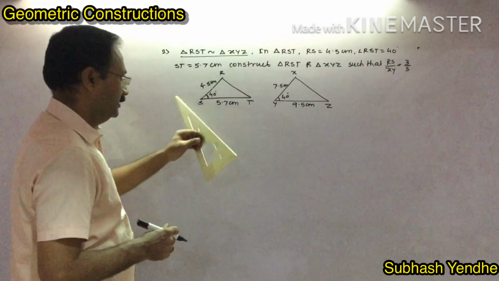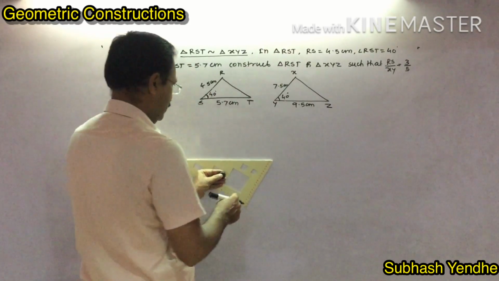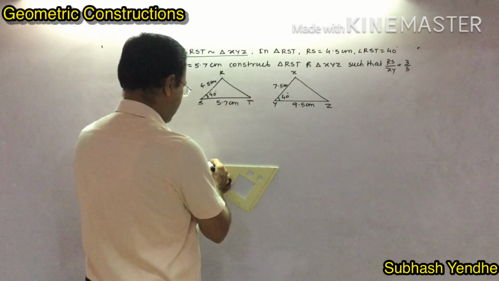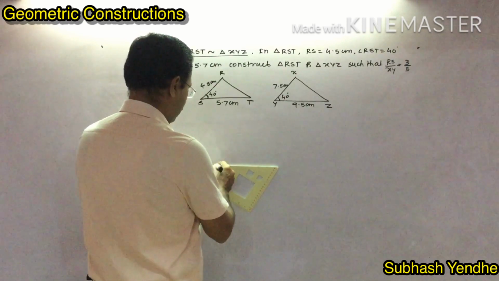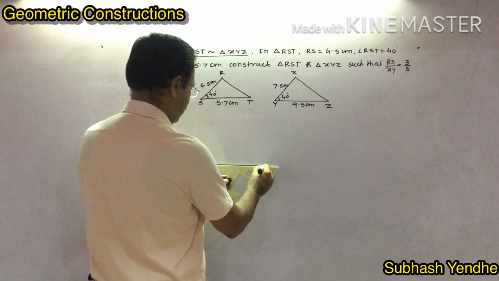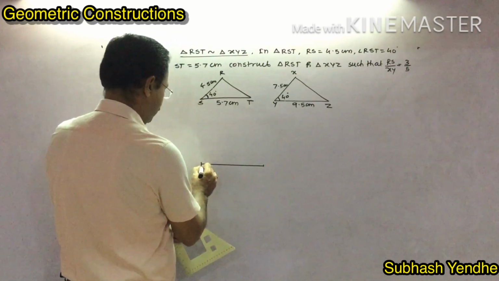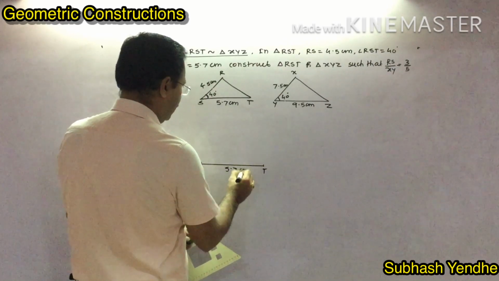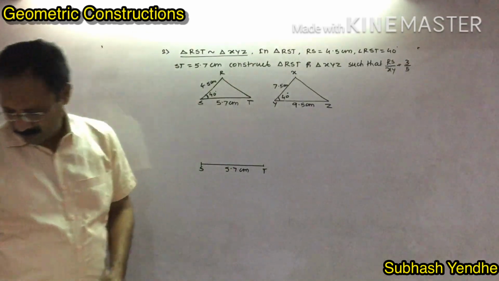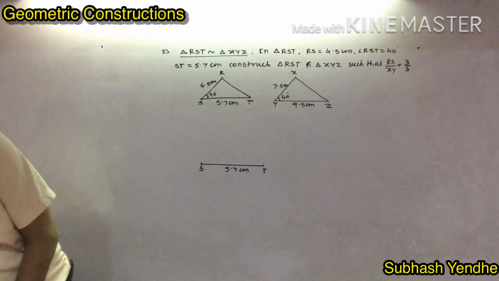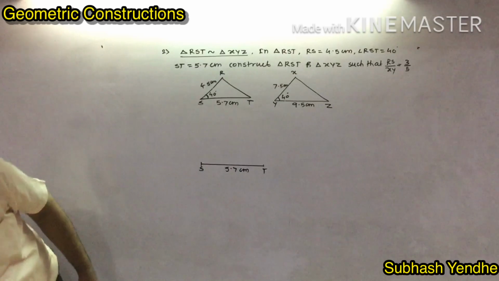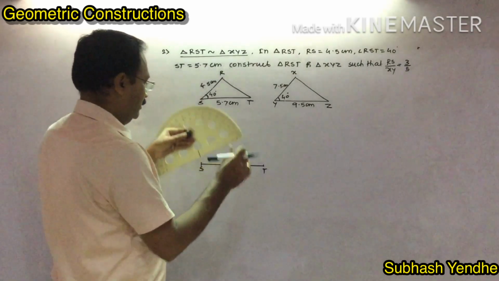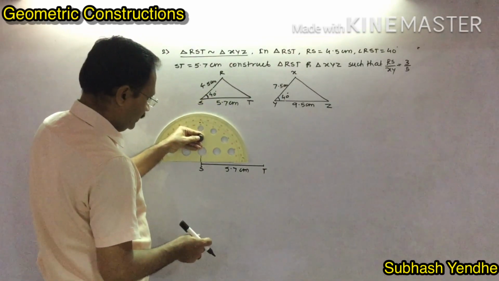Let's draw triangle RST first. So I am going to take 5.7 first. So this is ST, 5.7 centimeter. Now we have to take the angle 40 degrees.